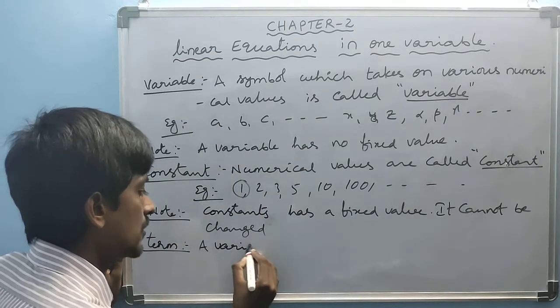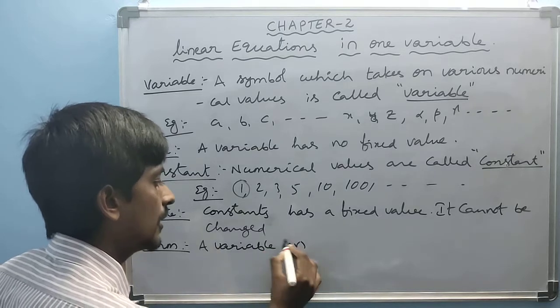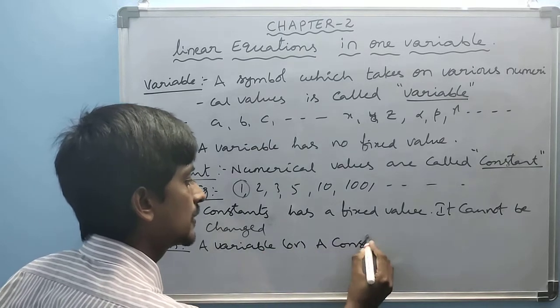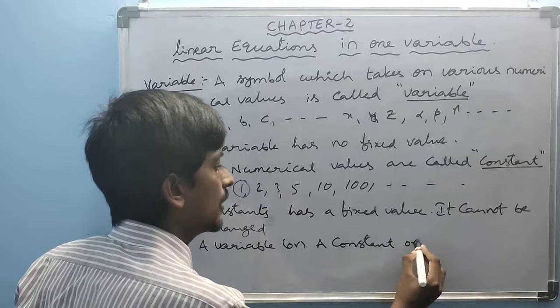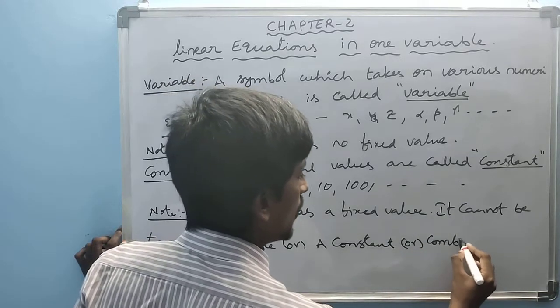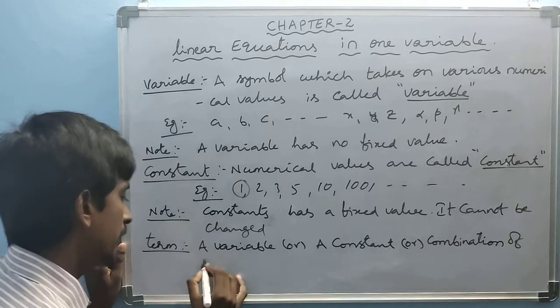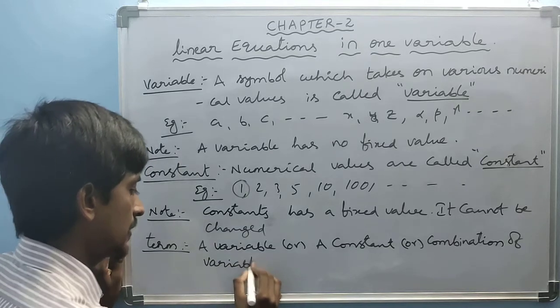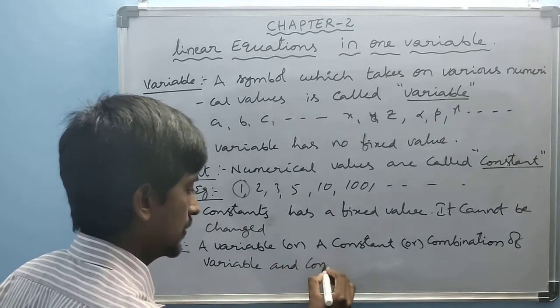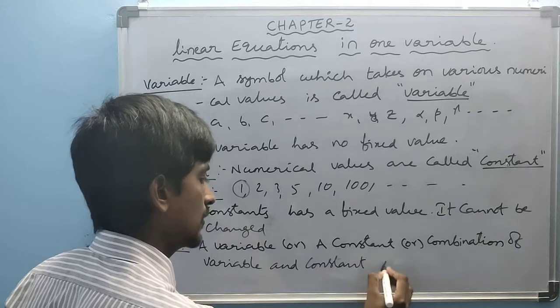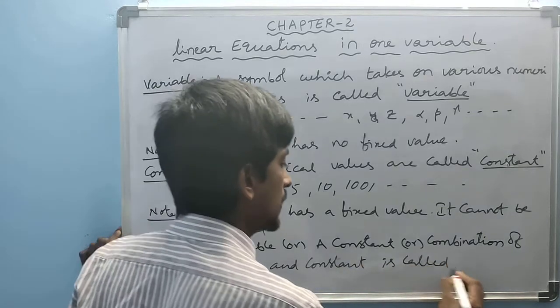A variable or a constant or a combination of variable and constant is called a term.